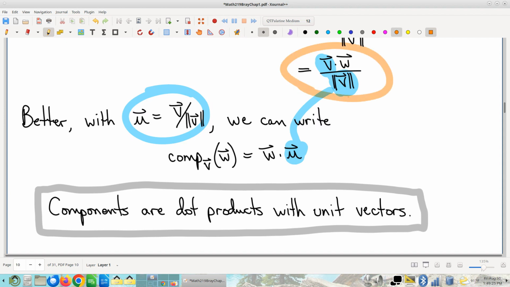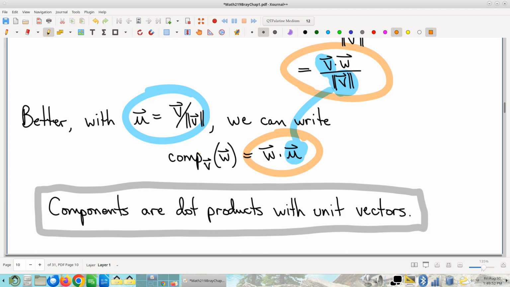Instead of having to think of component as the dot product of the given vector with the direction vector, divided by the magnitude, okay, that's a lot. It doesn't roll off the tongue very nicely, right? We get a much crisper little formula right here. Components are dot products with unit vectors. Pithy, tight, right? I think that's really appealing.